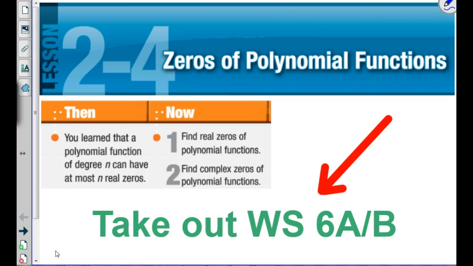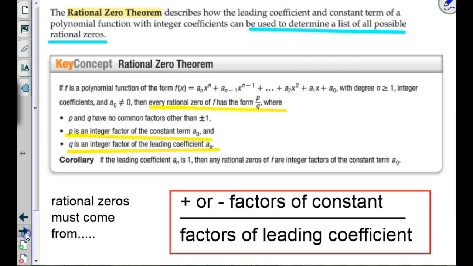There's a way to predict which numbers you should try without having to graph it. This is called the rational roots theorem, rational zeros theorem, okay? It says the rational zeros, rational, what does rational mean?